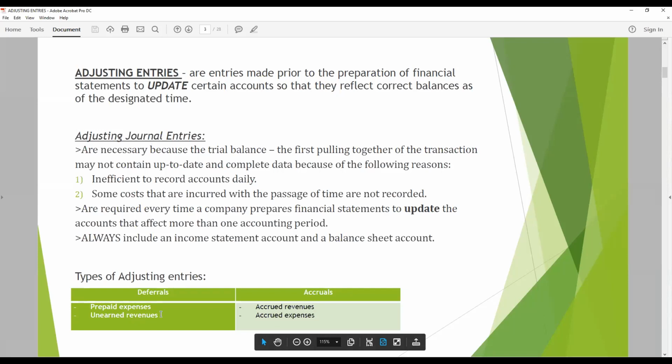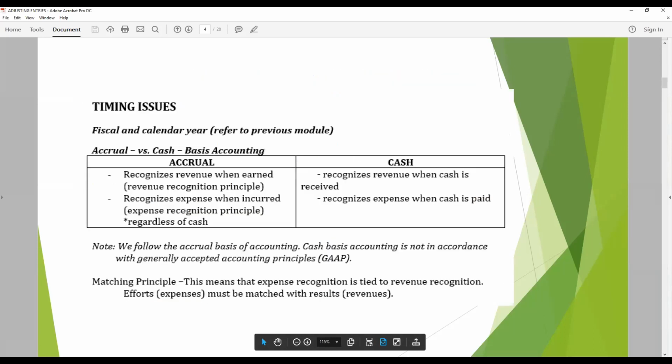Unearned revenues are cash received from clients or customers, but we didn't perform the service yet, or we didn't deliver the goods they have purchased from us yet. And then accruals, you have accrued revenues and accrued expenses. So later on, we will discuss each one. Okay?